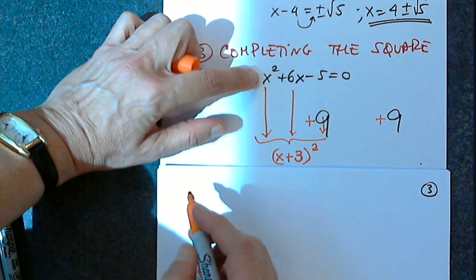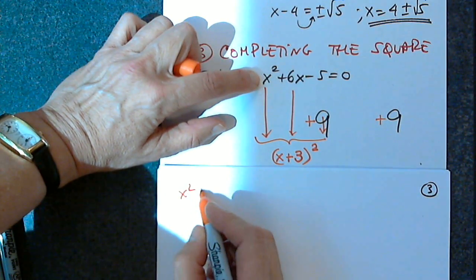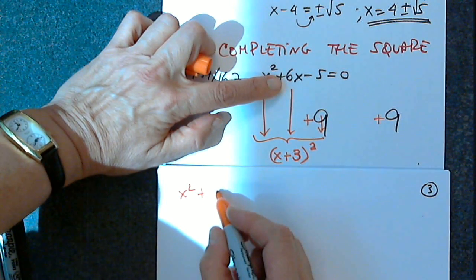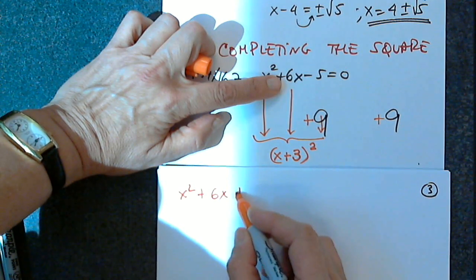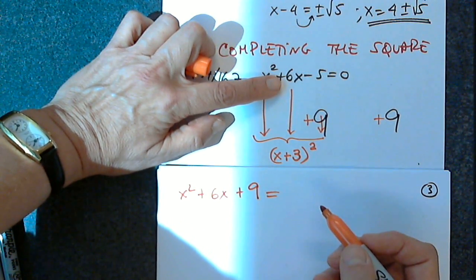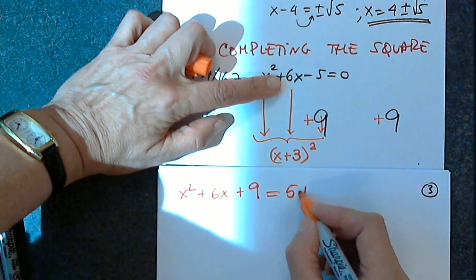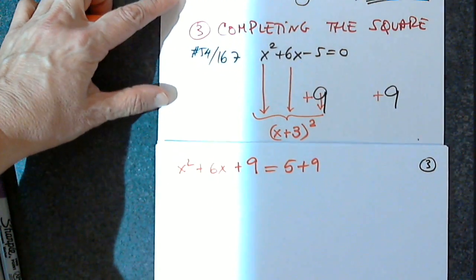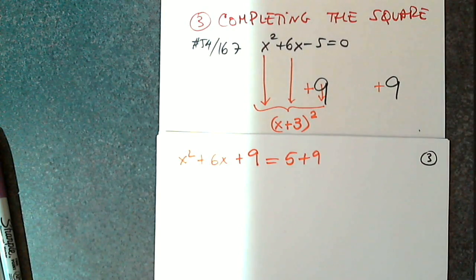Not yet. So x squared is x squared plus 6x. Very good. Plus 9. Exactly. Equals 14. Yes. I'm going to write it 5 plus 9 for everyone to see, but it's 14 indeed. And I have to look for my little tent.